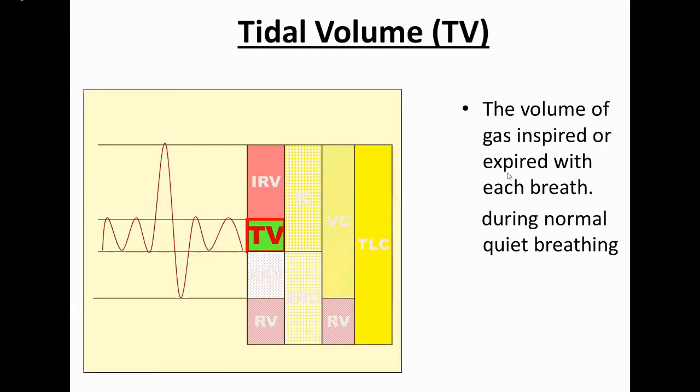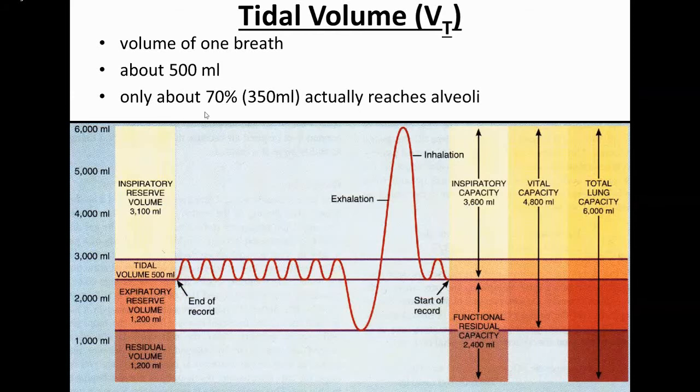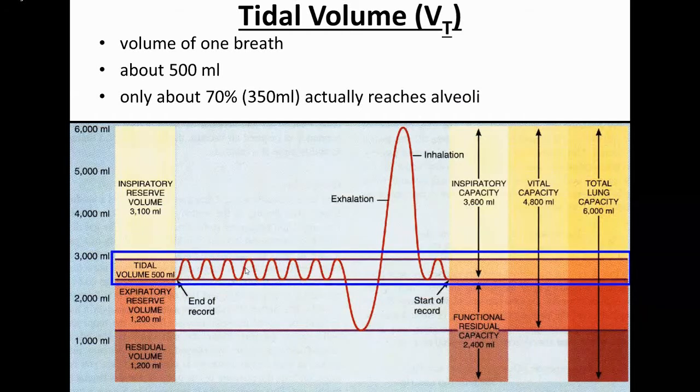Normally it is 500 milliliters, and it can assess the different degrees of disease if the compliance is different accordingly. It is around 500 ml, and only about 70% actually reaches the alveoli. So if you look at this picture, you can see that this is the tidal volume.